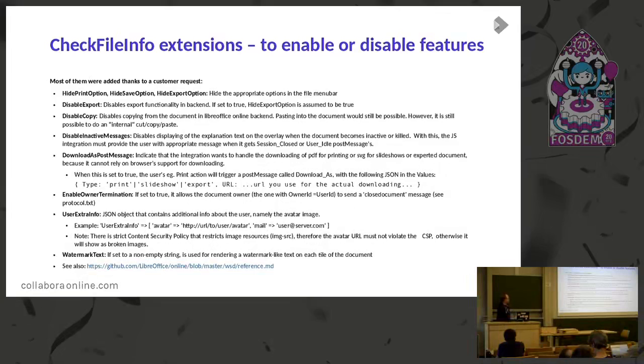But with this check file info, for example, you can disable printing, saving, exporting, or disable copy paste, or with the user extra info, you can pass the avatar of the user. With the watermark text, you can pass a tiled watermark, and so on. So it's very well worth exploring these options.